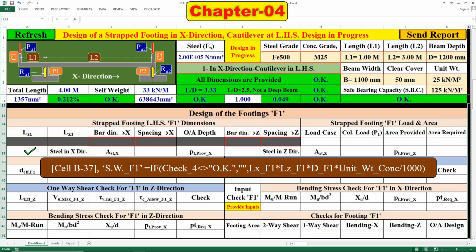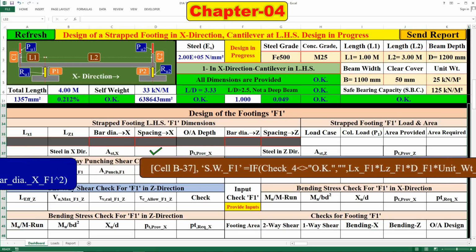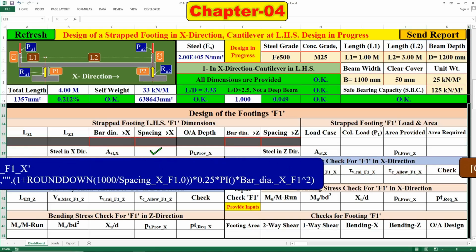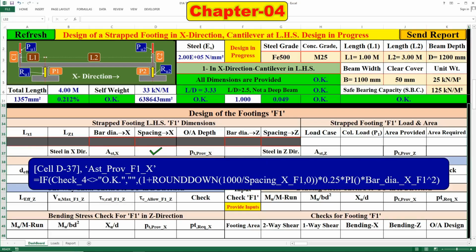Now, we are seeing the formula for area of steel provided in X direction for footing F1 in cell D37. Defined name of the cell is AST_PROV_F1_X.